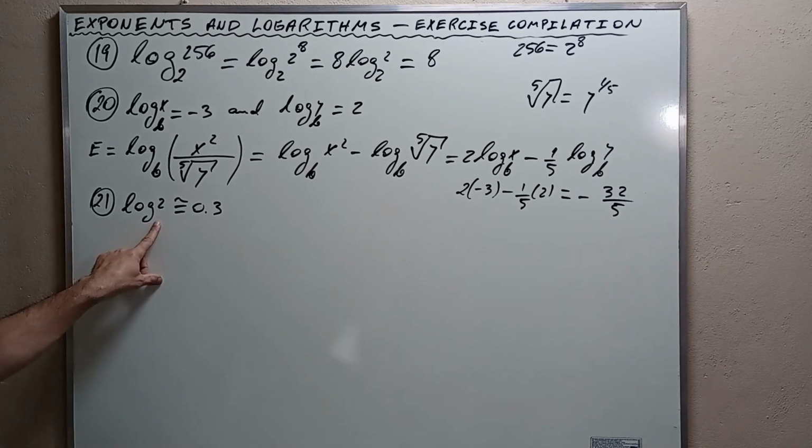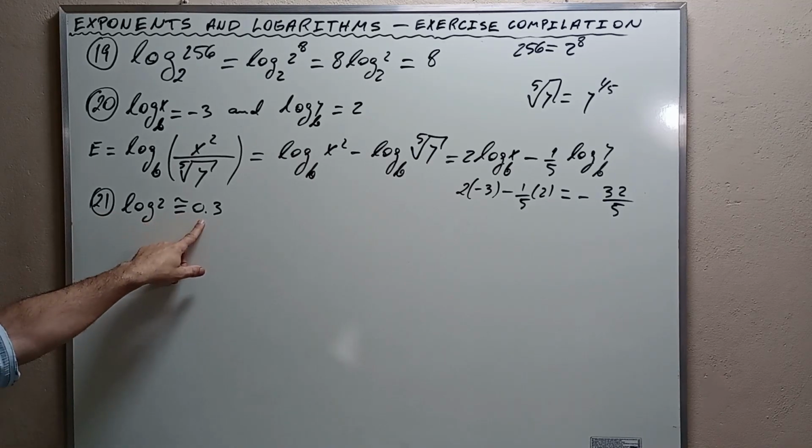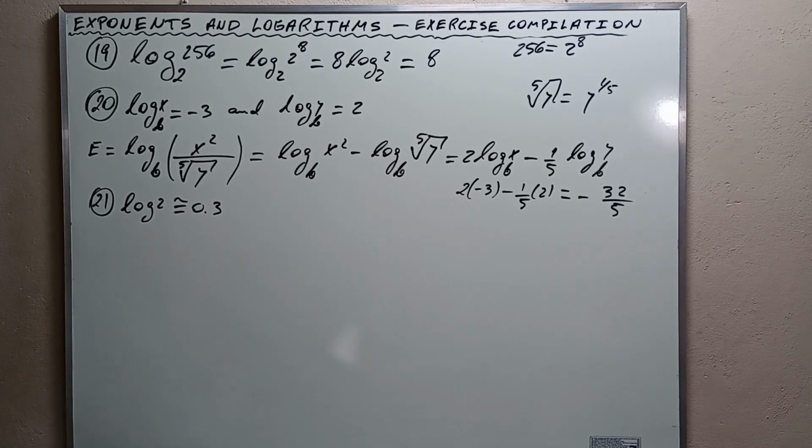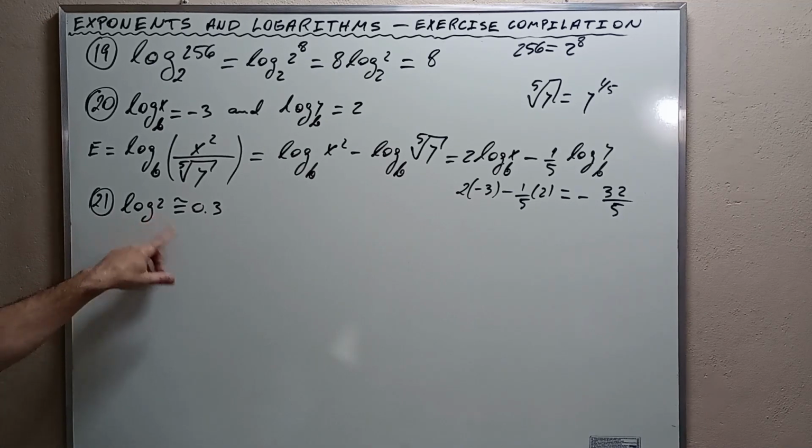Whenever the base is omitted, it means base 10, okay? So we say that the logarithm of 2 is approximately 0.3, or if you prefer, the logarithm base 10 of 2 is approximately equal to 0.3.